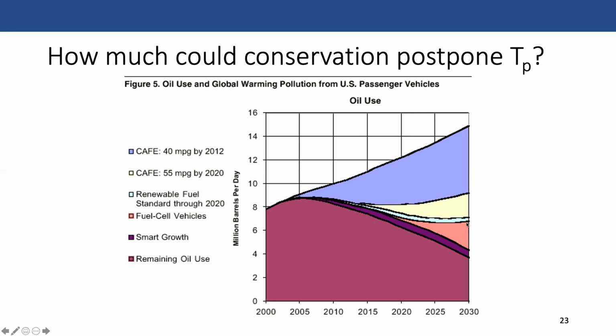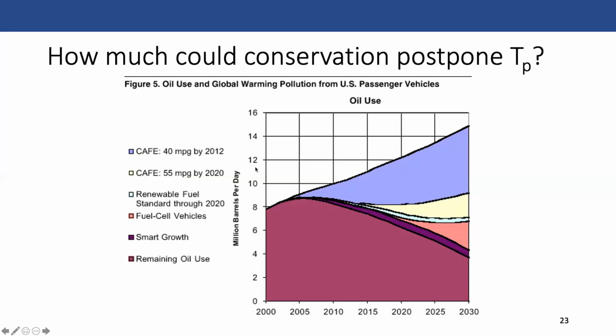Then there's a transition to fuel cell vehicles, and also this smart growth trajectory. Actually, I'm not even sure what goes into this. Here you can see different trajectories. If we implement any sort of combination of these things, we can see how that affects the consumption of oil over time.